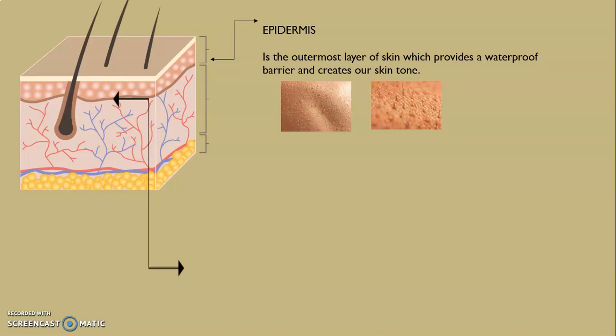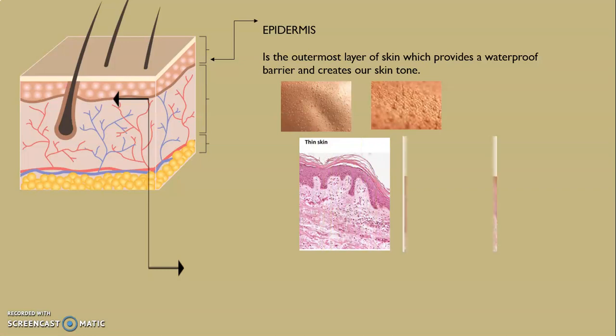The epidermis is the most superficial layer of the skin that covers almost the entire body surface. It rests upon and protects the deeper and thicker dermis layer of the skin. In the epidermis, we find two types of skin, namely thin skin and thick skin.